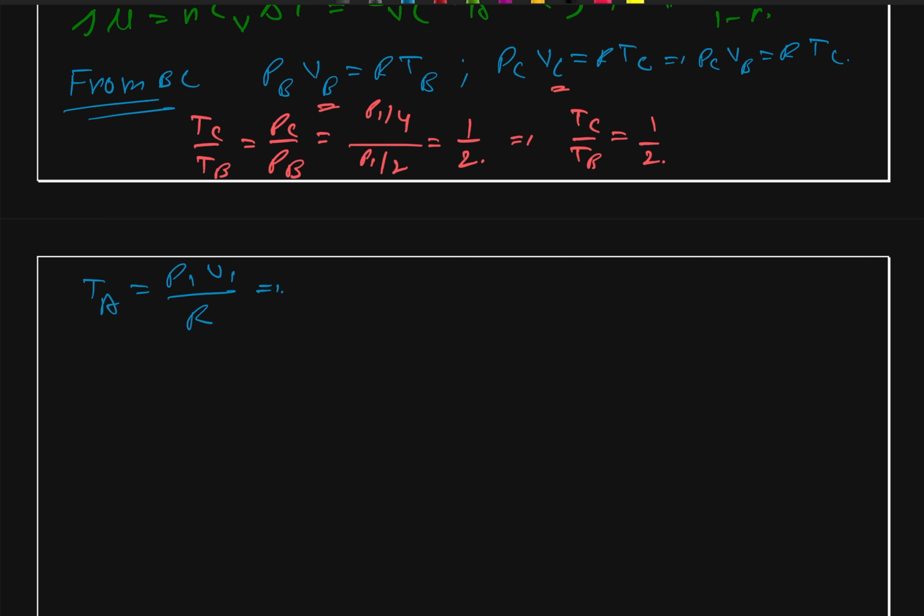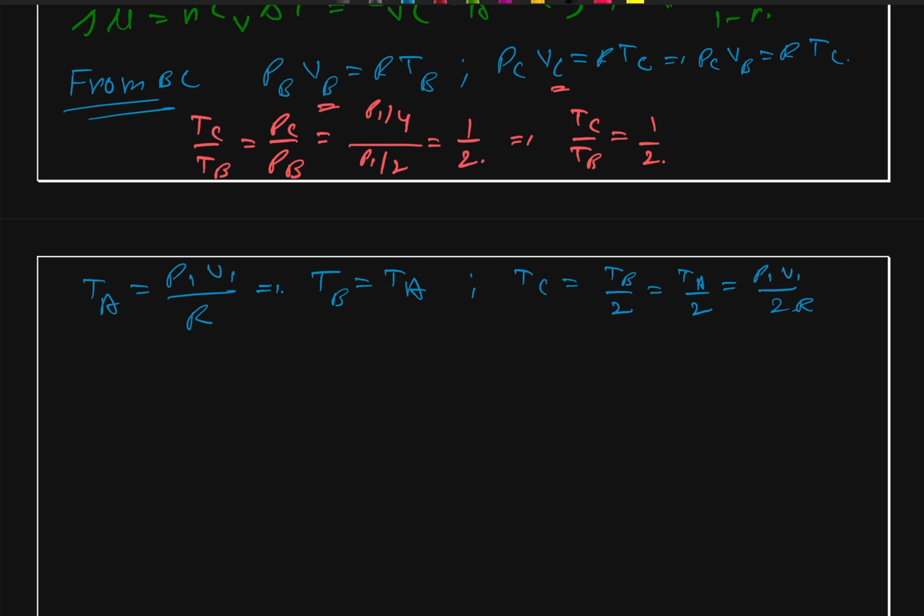Therefore we can say that our TB is equal to our TA, and TC is equal to TB by 2, or we can say TA by 2, and TA is given as P1 V1 upon R. So this comes as P1 V1 upon 2R. So we got the temperatures.